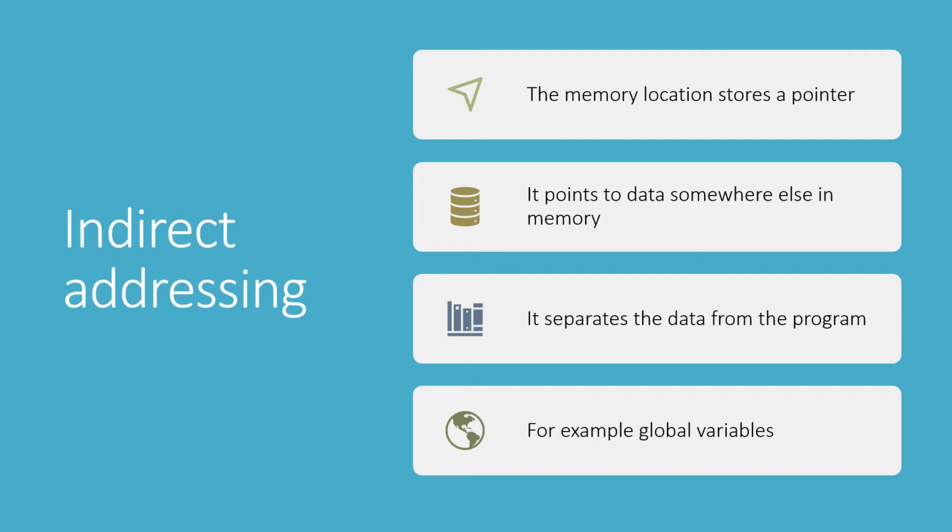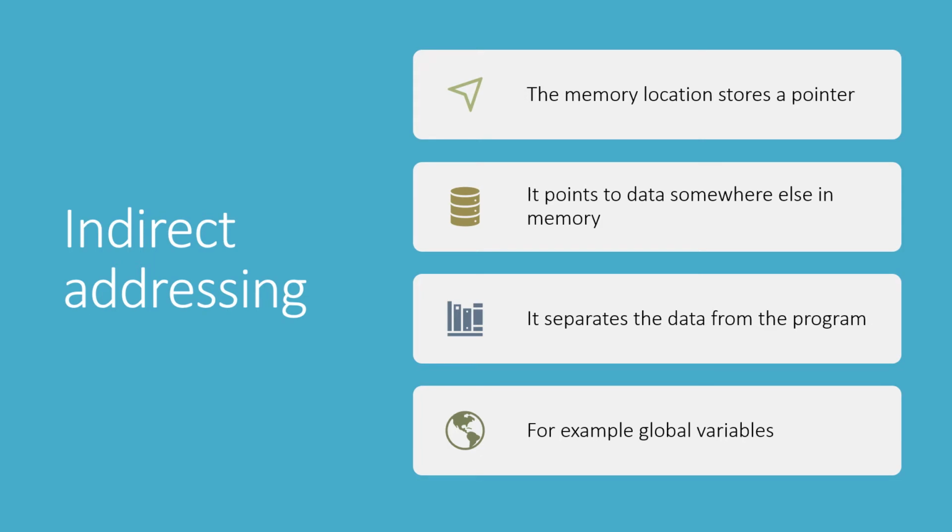Indirect addressing is a little bit more complicated. We give a memory address, but when the computer goes to that memory address, it doesn't hold the data. It holds a second pointer that points to somewhere else in the computer's memory. So it's two jumps to get to the data. This might seem a little bit more fiddly, but it does have some advantages.